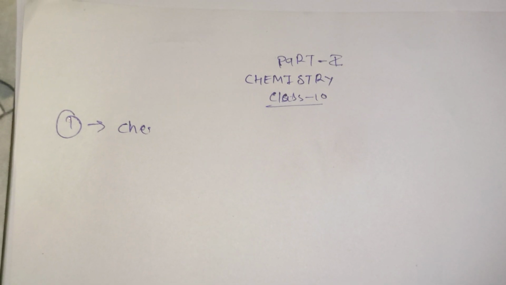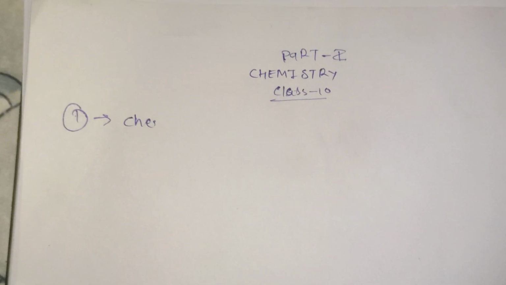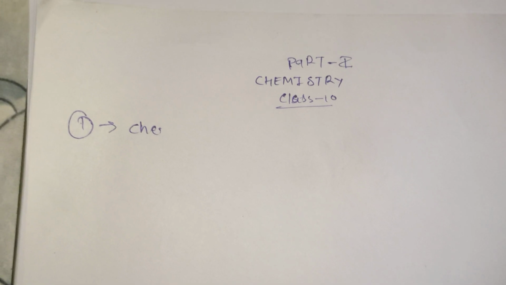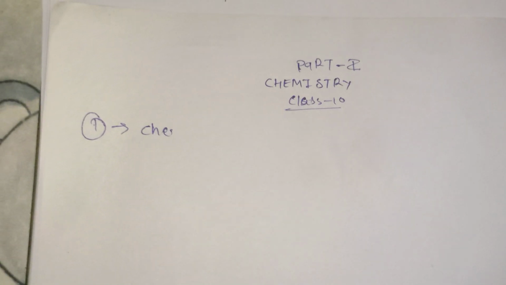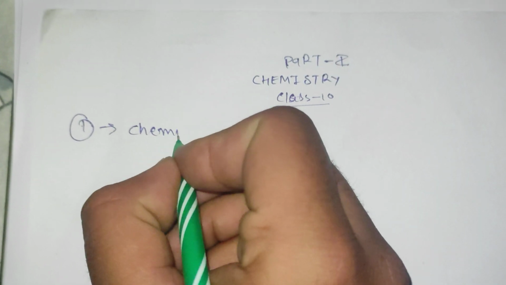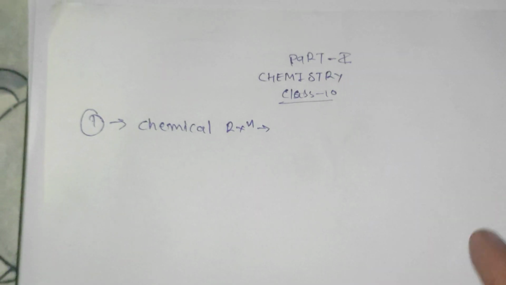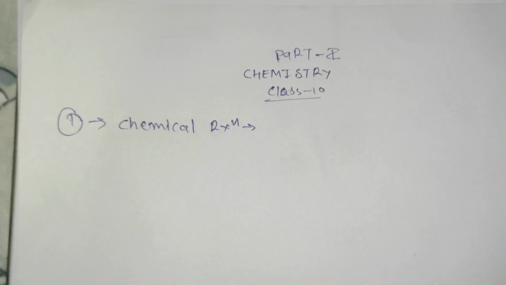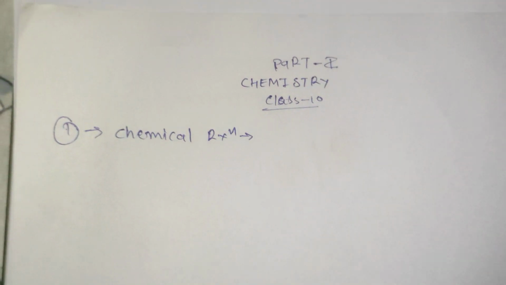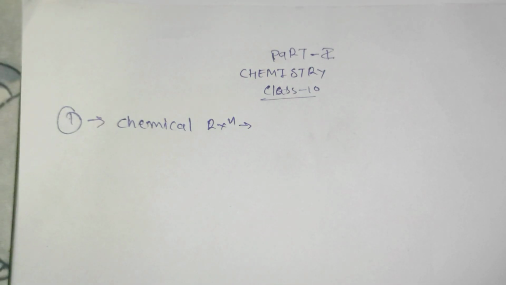The branch of science where this is studied is called chemistry, and we study different types of compounds. In class 10th we have chemical reactions. Today we give a brief introduction to chemical reactions and chemical equations, and next we go further. This is the introduction.